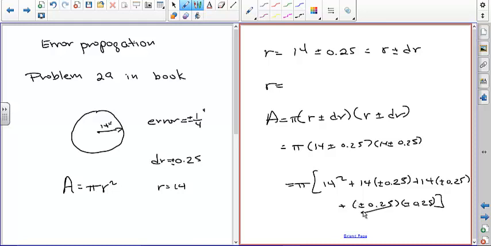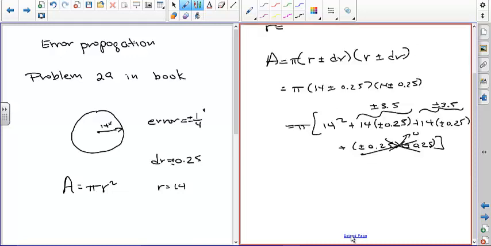You typically ignore that part. When you multiply the errors together, it's so small that it's insignificant. So then you would take 14 times 0.25, and so that's this part here, you would get plus or minus 3.5, and this part you would get plus or minus 3.5, and this goes to 0, or it's insignificant.